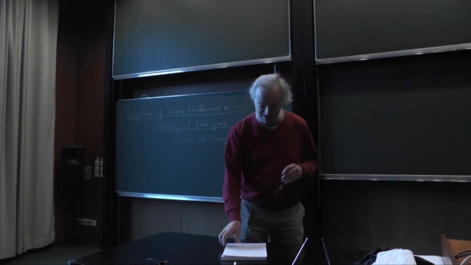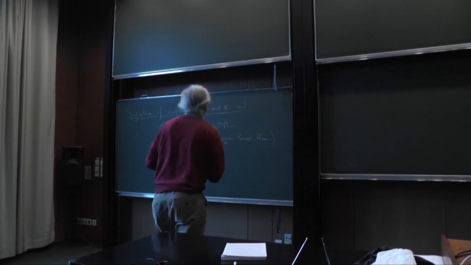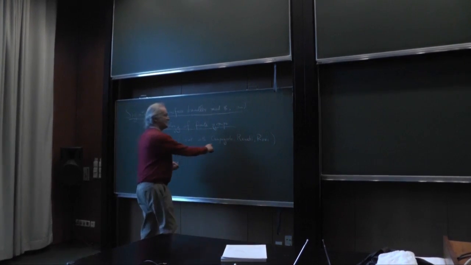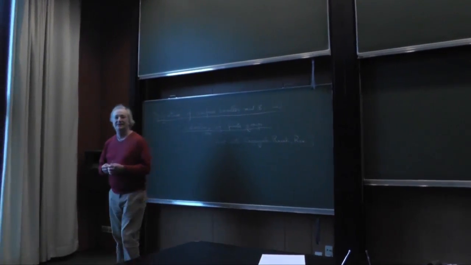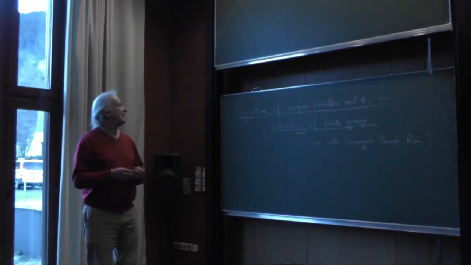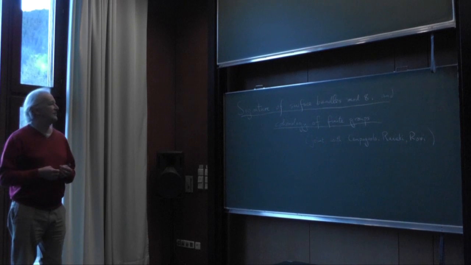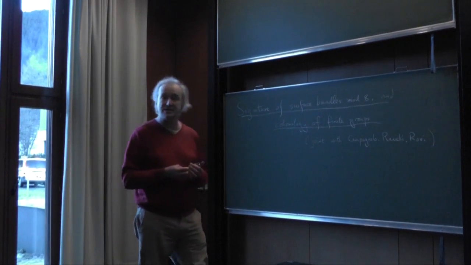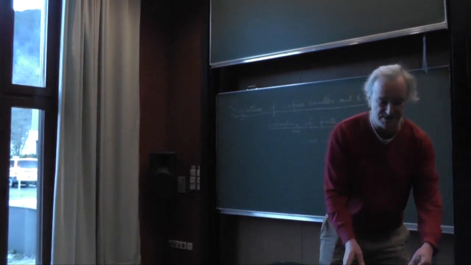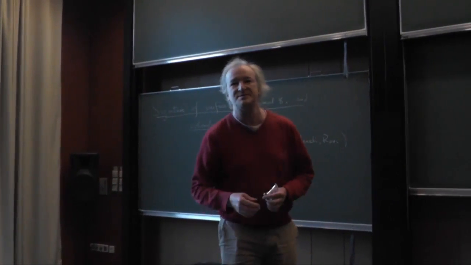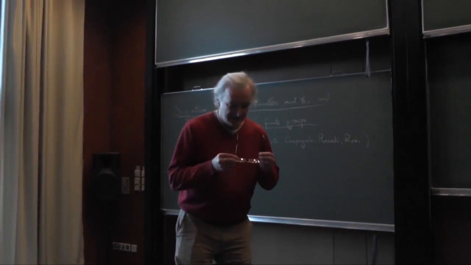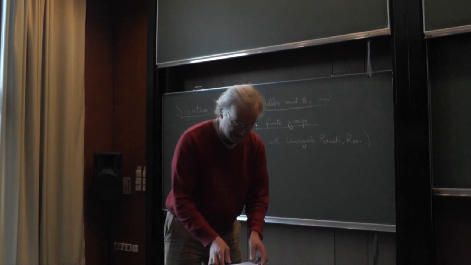so I'm going to tell you a story about some work I've been doing with these three authors about how to compute the signature of a surface bundle modulo 8 using cohomology of finite groups and representation theory of finite groups. This is a story that started earlier this year.